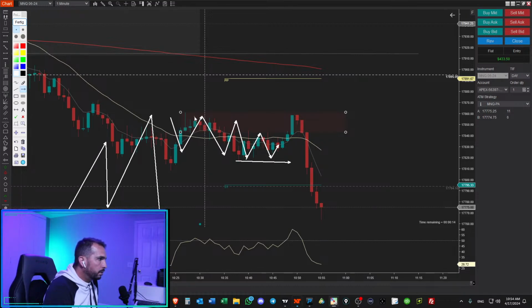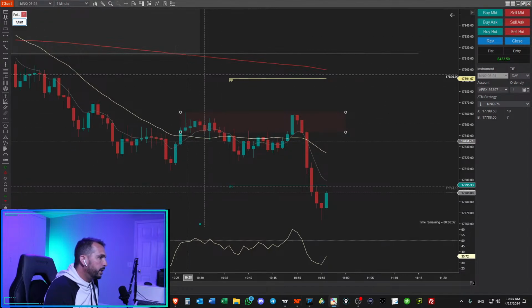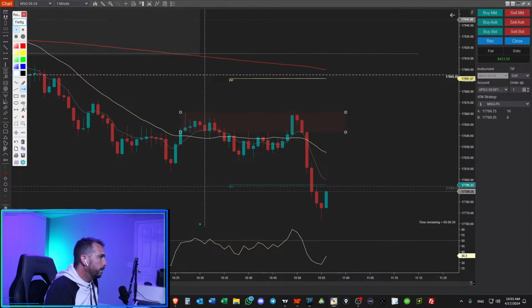So the rubber, the string, was being like elastic, pulled one way or another. So this was the low that we were looking at, and this was the high that we were looking at, and the price was just here.